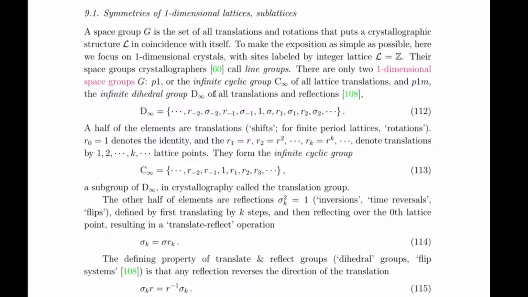Okay, so in 1 dimension, there are only 2 possible theories you can write. Their symmetries are either cyclic or dihedral. That's all you can do.